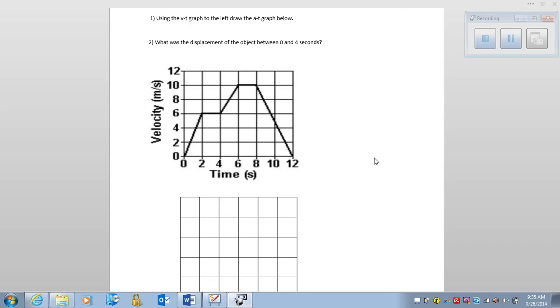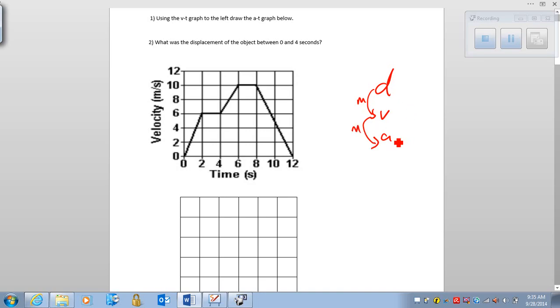So first we're going to start off with the very first thing we did in the year, which was transposing velocity graphs into acceleration time graphs. And if you remember, DEVA tells us that to get from a displacement time graph to velocity, I take the slope, and to get from a velocity time graph to acceleration, I take the slope.